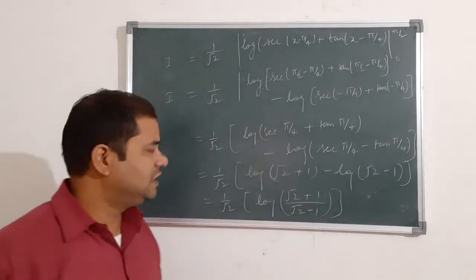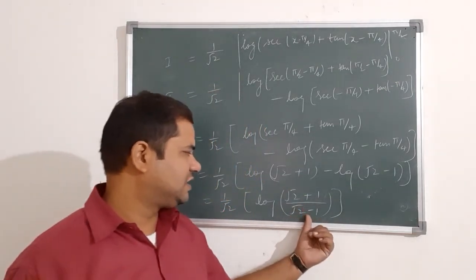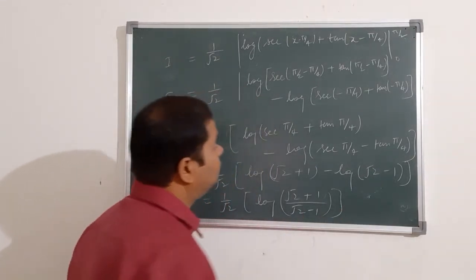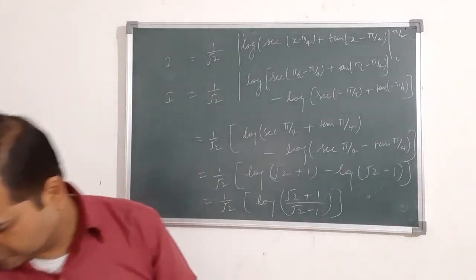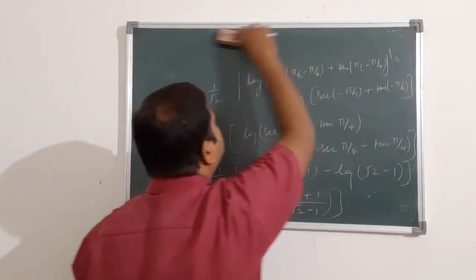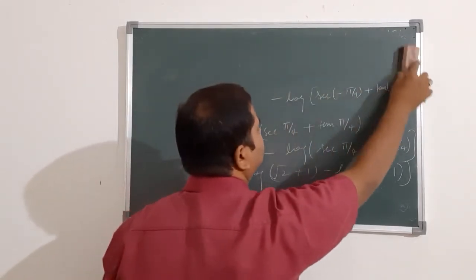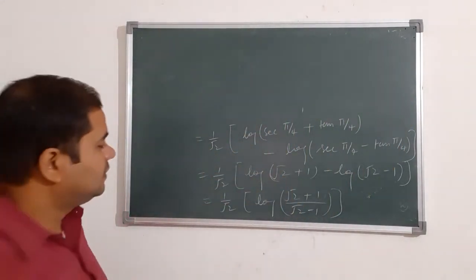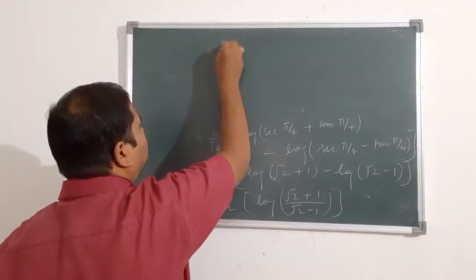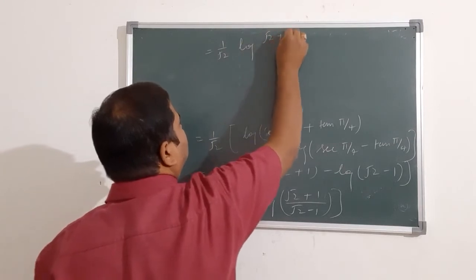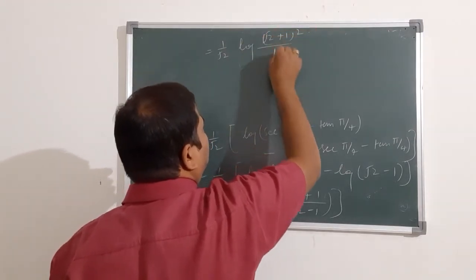And after this we will get, after rationalization, 1 upon root 2 log of root 2 plus 1 whole square upon 1 only.